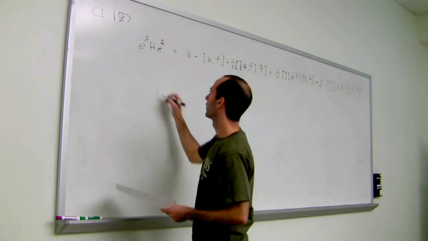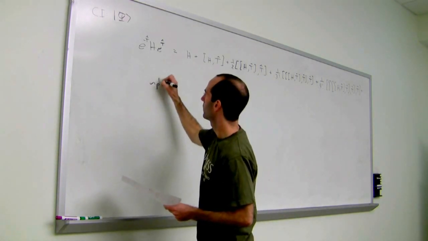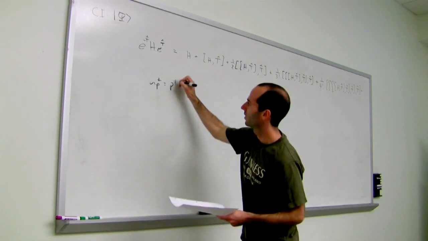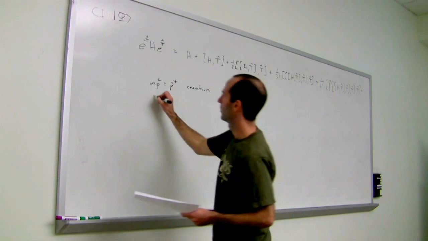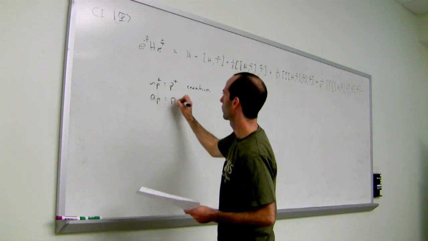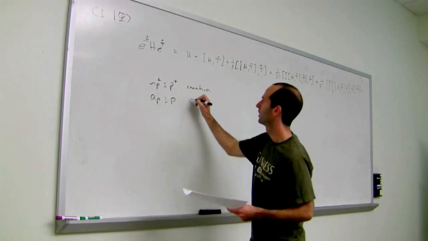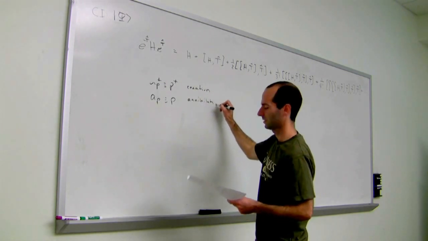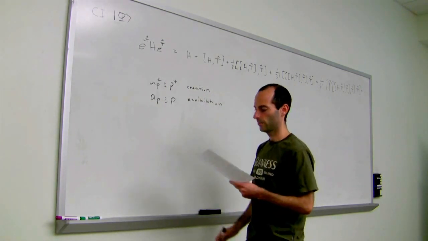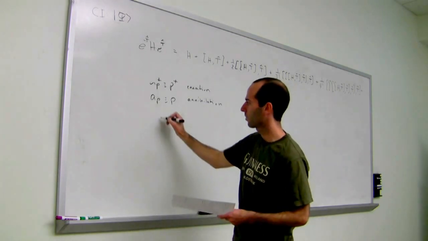So we have a_p dagger, which I'm going to write as p dagger, is creation. a_p, which I'm going to write as p, is annihilation, which I think is how you spell annihilation. And they have a few basic properties.